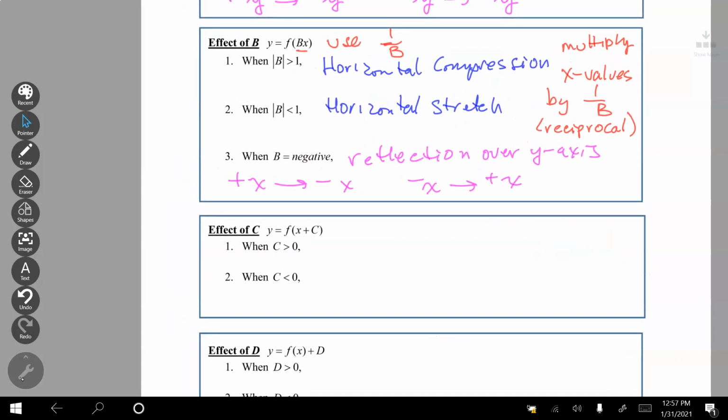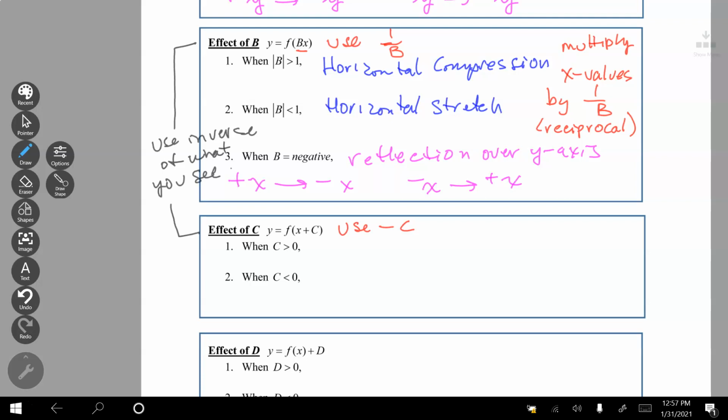Okay, the letter C, we got to be careful here. We're actually going to use the opposite of C, because what I just said earlier for both of these, we use the inverse of what you see. We don't use B, we use the inverse, which is 1 over B, because it's multiplying.